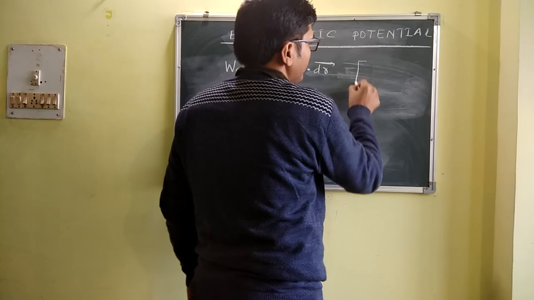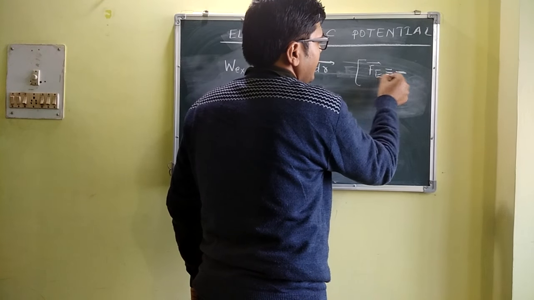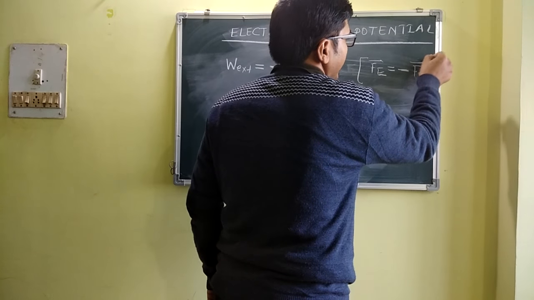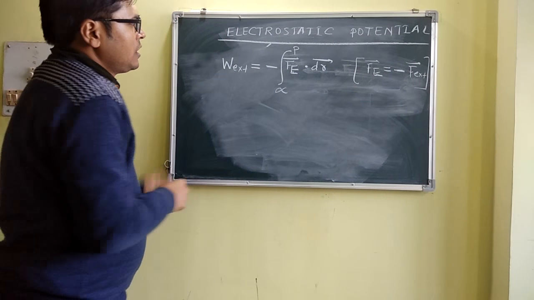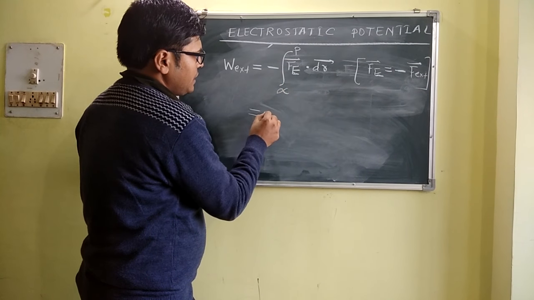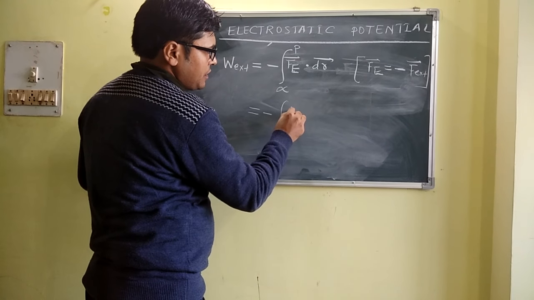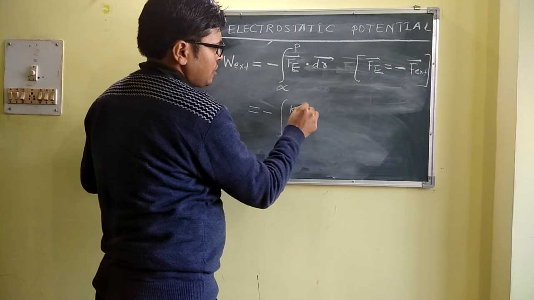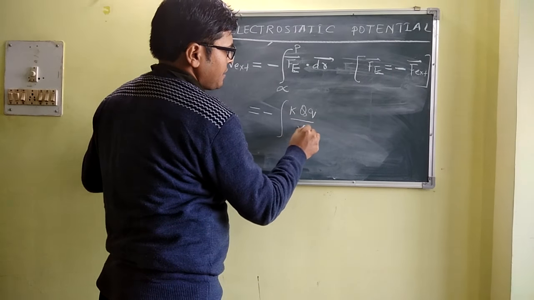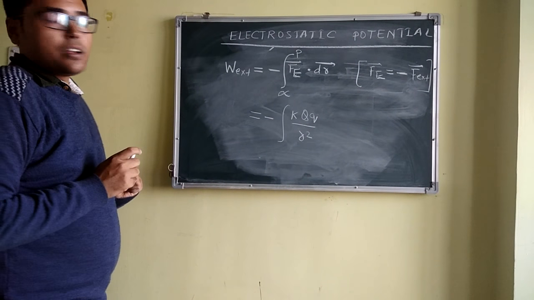Because our electrostatic force was anti-parallel to F external. So this can be written like this. Now, this electrostatic force can be written as K QQ by R square.